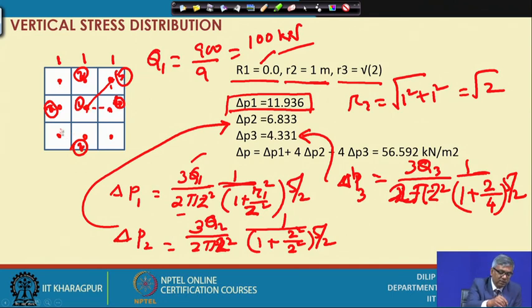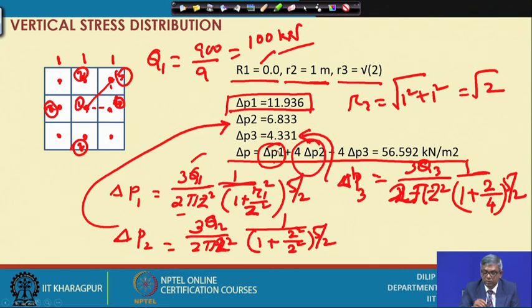Similarly, these 4 have the same effect on this. So, I can find finally del P equal to 4 times del P1, that is only 1, and 4 times del P2, 4 times del P3, and then the value becomes 56.592. You can compare that previously when I divided into 4 parts only, I got quite close, 57 point something.